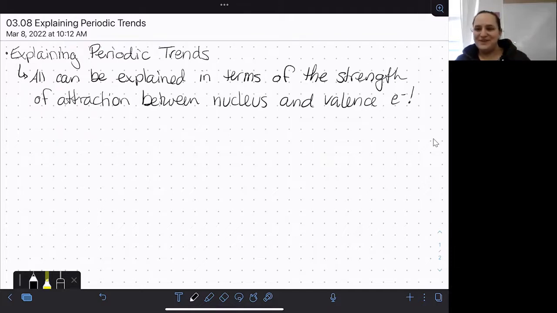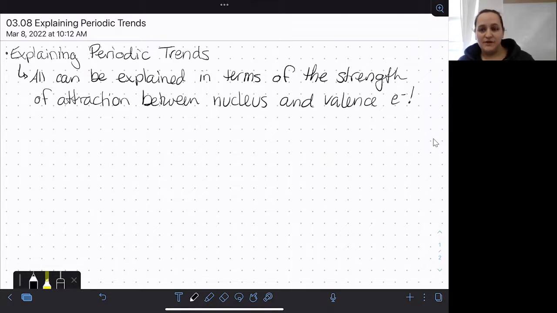We know that the nucleus contains protons, which are positively charged, electrons are negatively charged, and opposite charges are attracted to one another. So the nucleus and the electrons are attracted to one another. All of the trends that we are looking at are specifically dealing with the valence electrons. Radius is essentially the distance between the nucleus and the valence electrons.